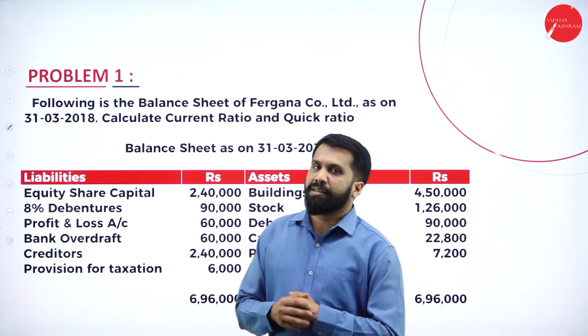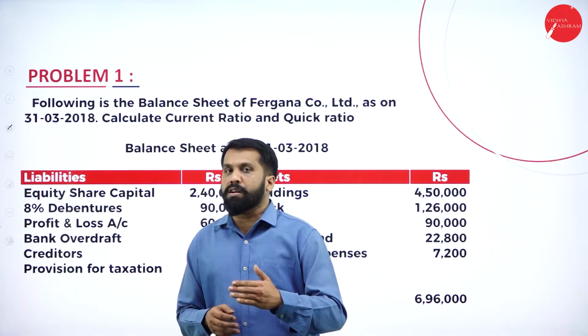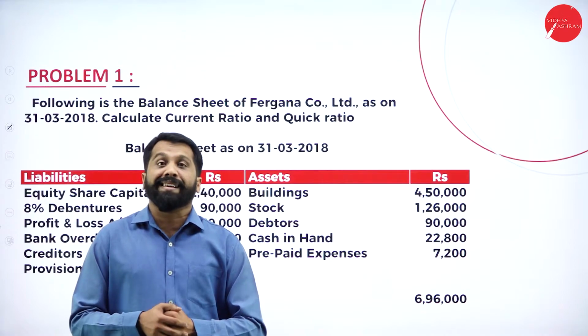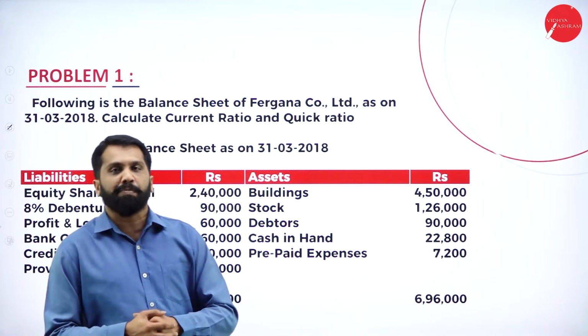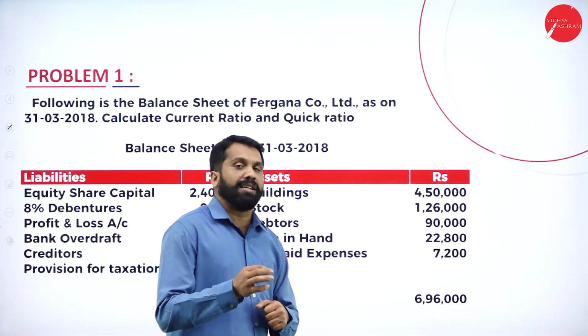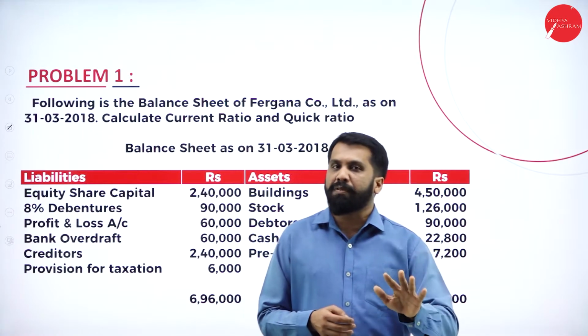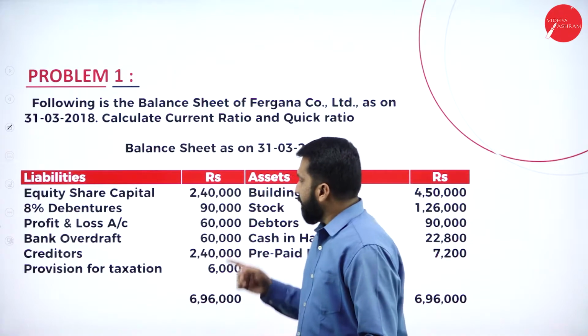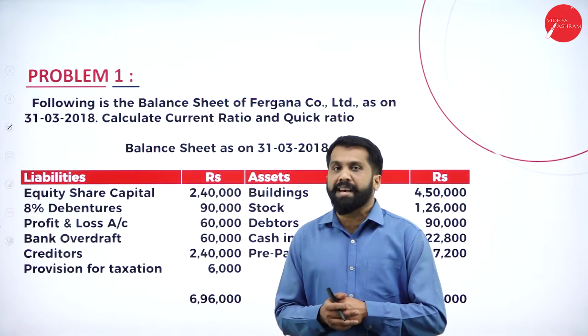Again, I'll explain. Your short-term loans, your provisions, your creditors, your bills payable and bank overdraft. These 5 we call as current liabilities.